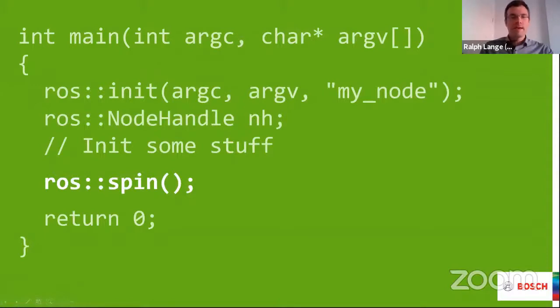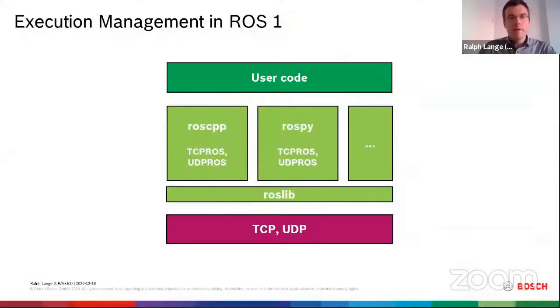If you work with ROS, you're all aware of how a main function in C++ looks like, and that there is this one important call, ROS spin, which makes your main thread serve as the spin thread of the node. Technically, there is the ROS client library, which implements basic API functions for the user code, core functionalities of ROS, which implements middleware functionality based on TCP and UDP.